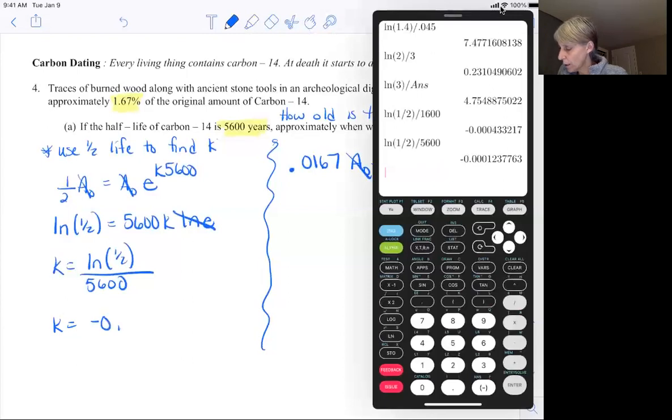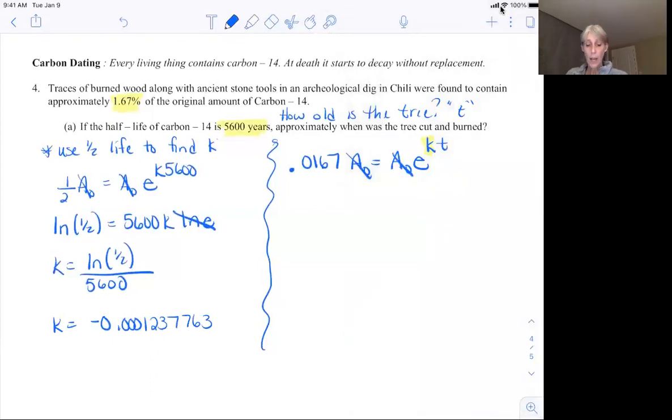That's negative 0.0001237763. Okay, so that's our K value. Notice it's negative. It's a decay rate. Now we're solving for T.